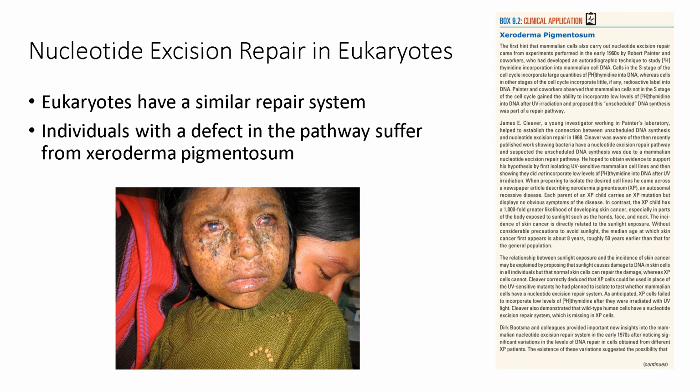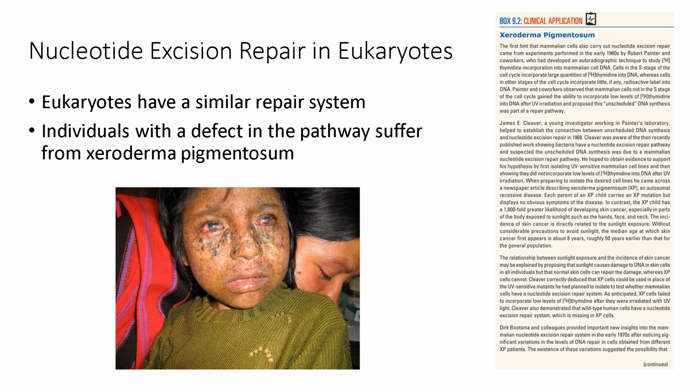Eukaryotic cells employ a nucleotide excision repair system that closely resembles the bacterial version, but involves a larger and more complex set of proteins. In humans, defects in this pathway are associated with the genetic disorder xeroderma pigmentosum.